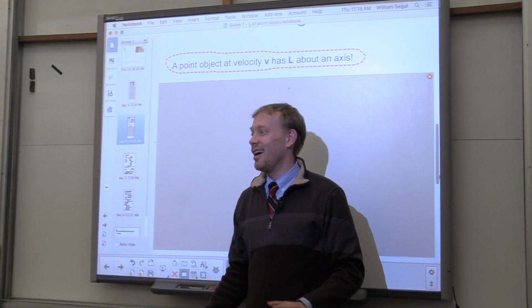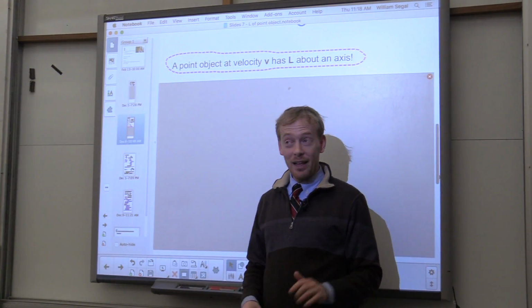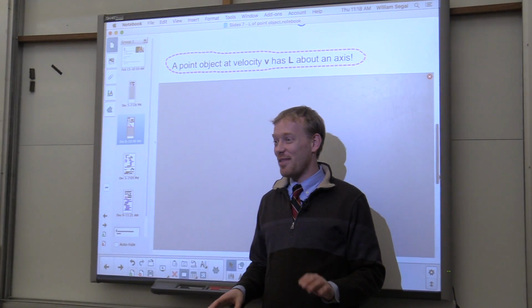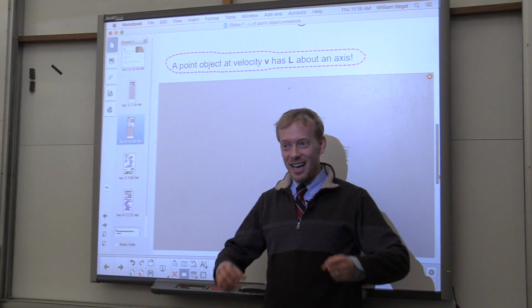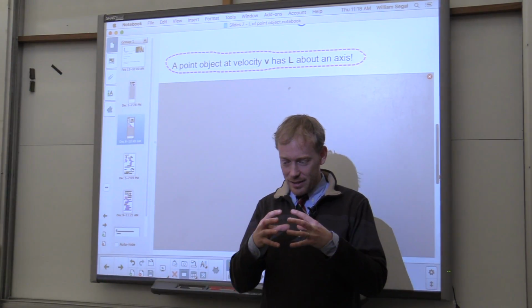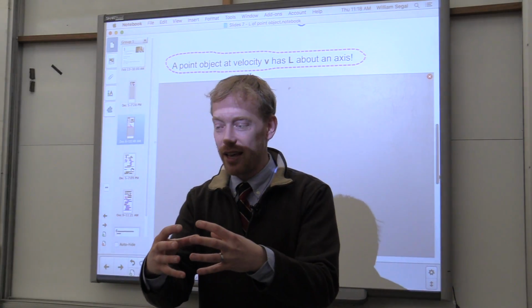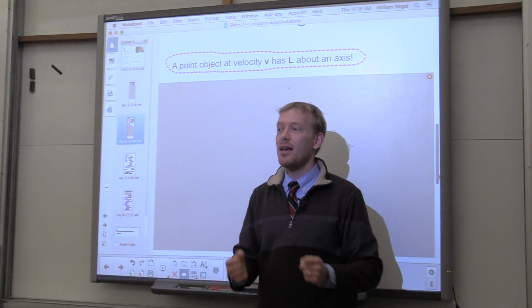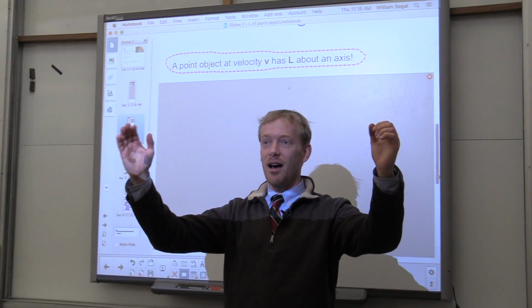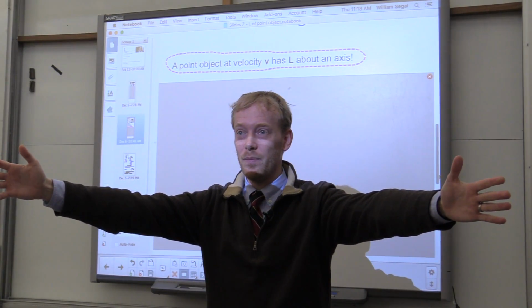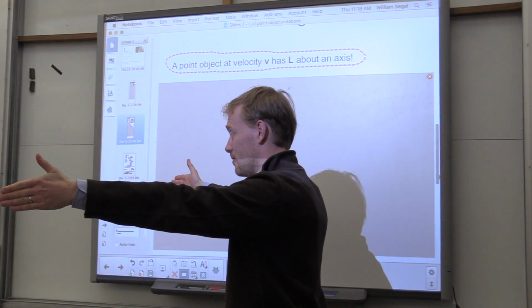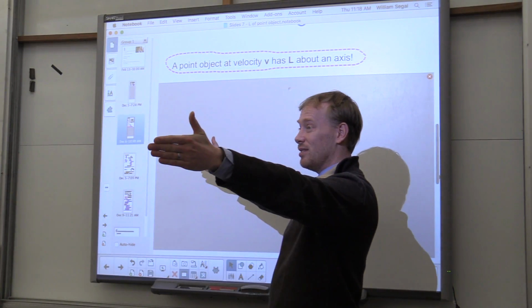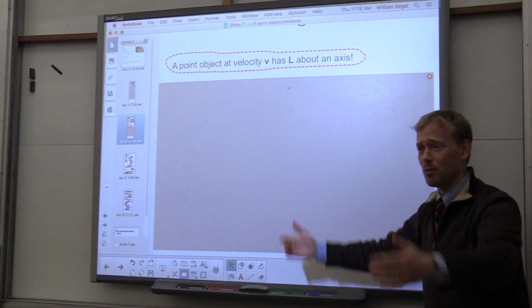Therefore, conservation of momentum. I don't know the details of the therefore, but people do. And the idea that the physics here should be the same as the physics here gives rise to the conservation of momentum. The idea that the physics of this orientation should be the same as the physics of this orientation gives rise to conservation of angular momentum.